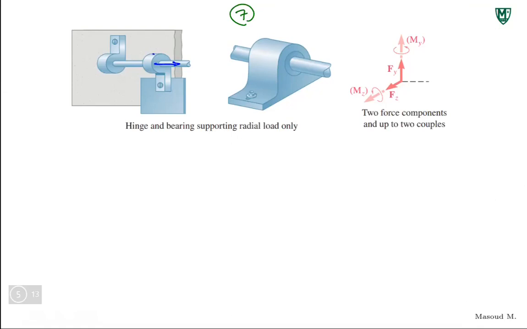So this part can slide on the shaft, or whatever you want to call this rod. So if this is X, this is Y, and this is Z, what happens is that this specific hinge is preventing your structure from moving in the Y direction.